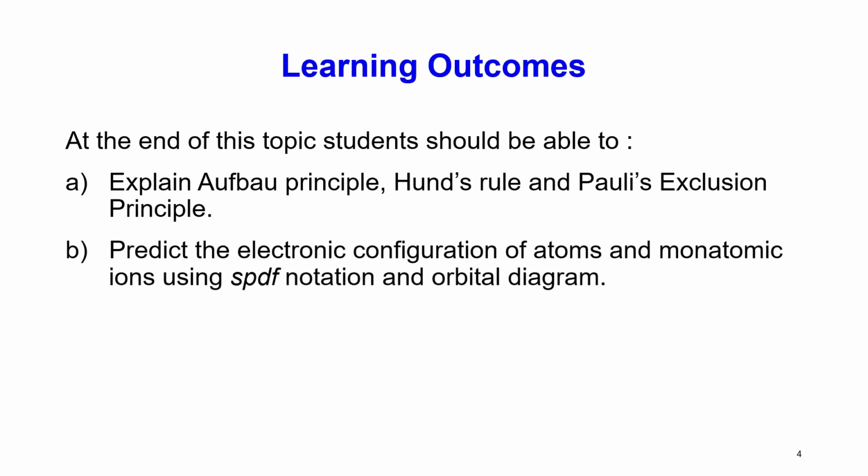Then we will write the electronic configuration of atoms and also ions. There are two ways to represent the arrangement, this electronic configuration, by writing SPDF notation and also drawing an orbital diagram.